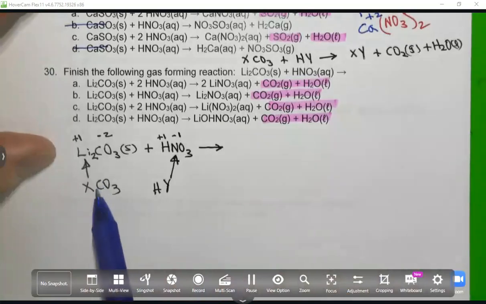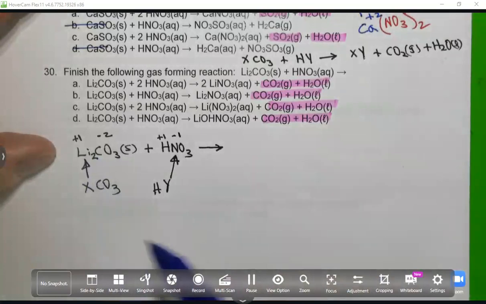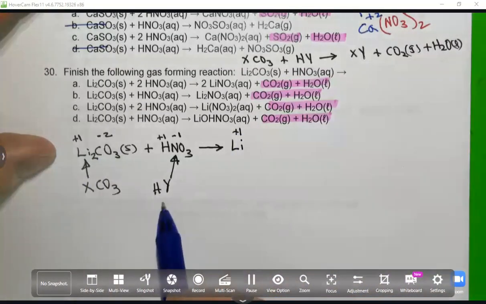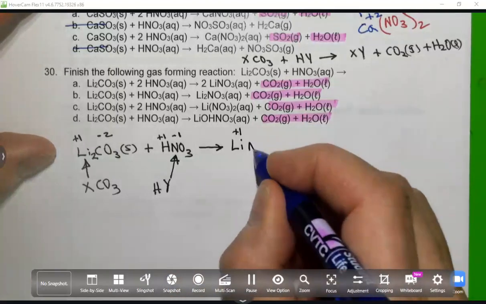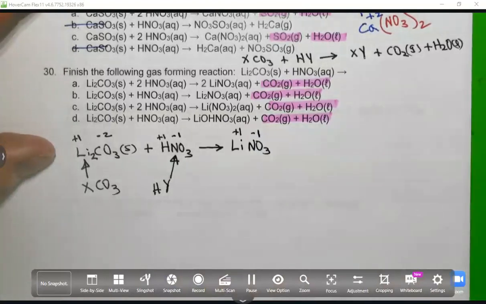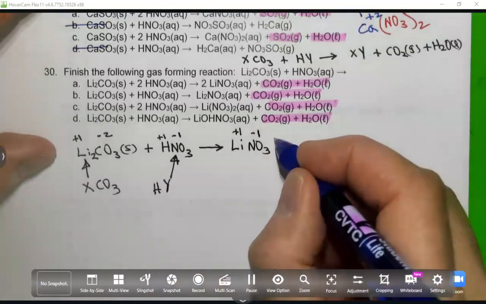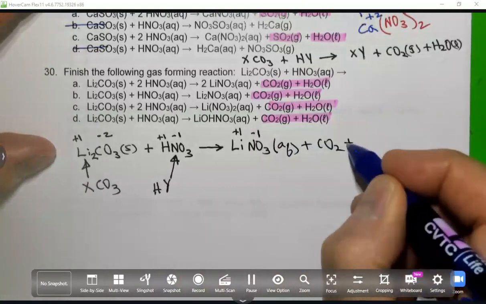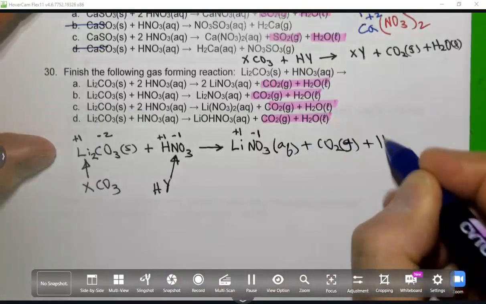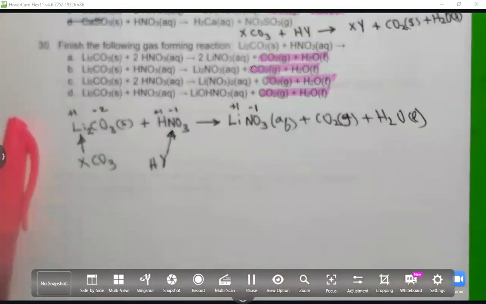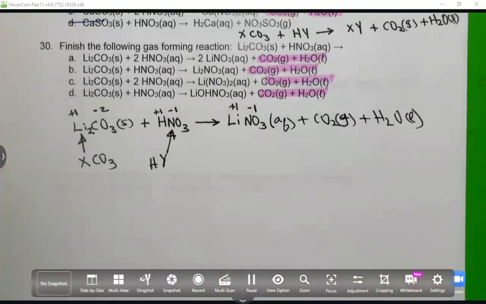So my X is Li+1, and my Y is NO3-1. And that's it. That for sure is going to be aqueous plus CO2 gas and H2O liquid. And then we just have to balance that, right?